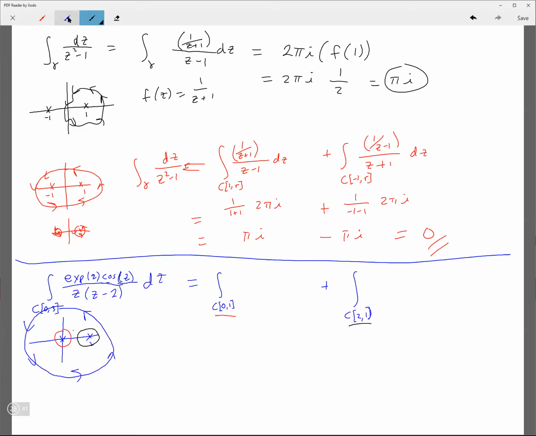Okay, then over here with this first one, the z is the only thing that's going to be in the denominator, and everything else you take to the numerator.